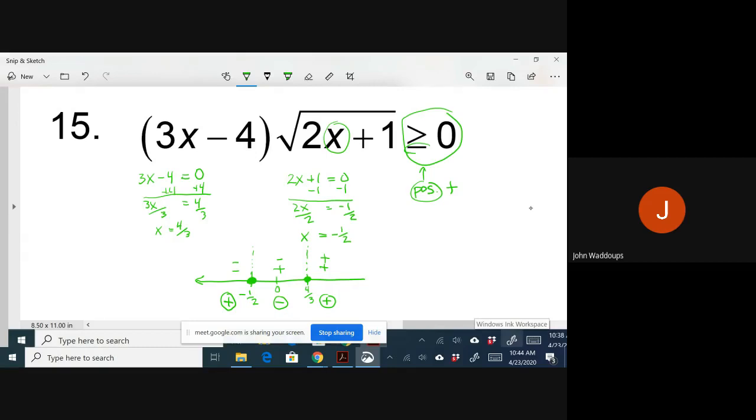Negative 1 times 2 would be negative 2, and negative 2 plus 1 would be negative 1.